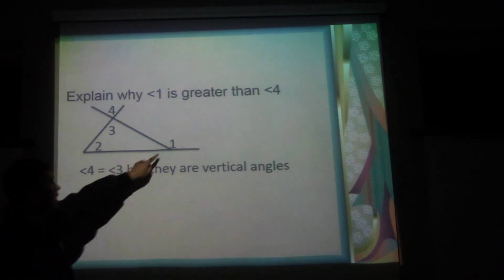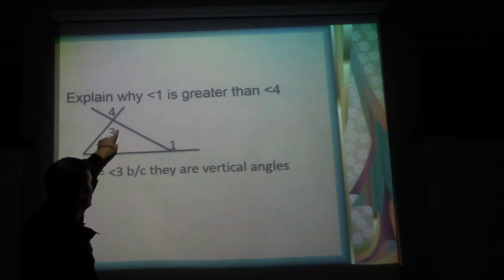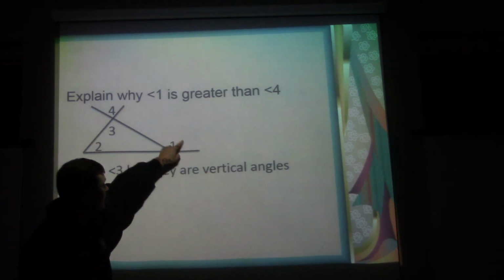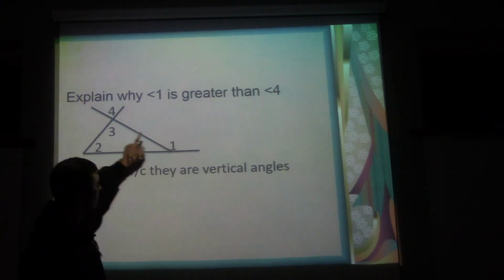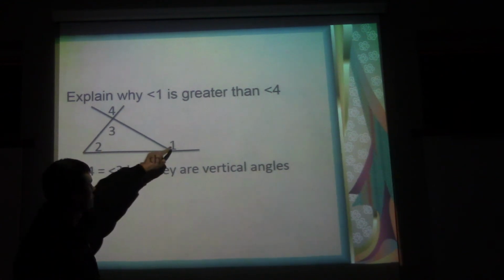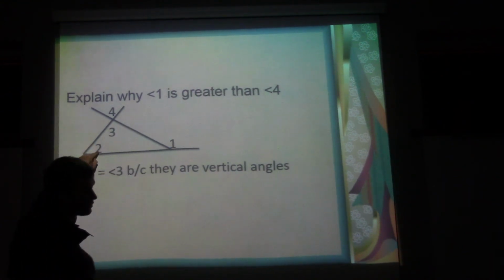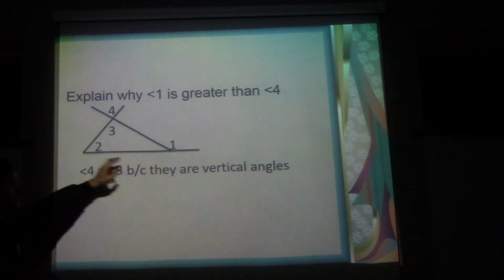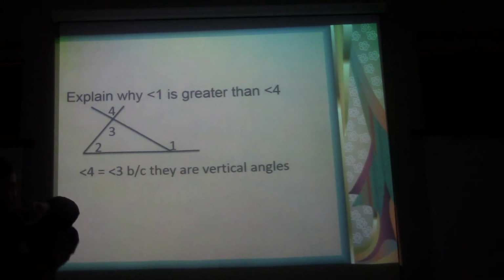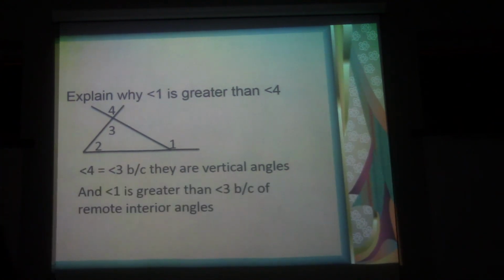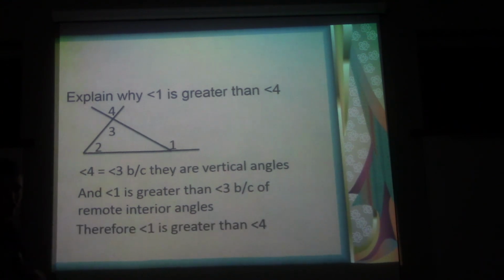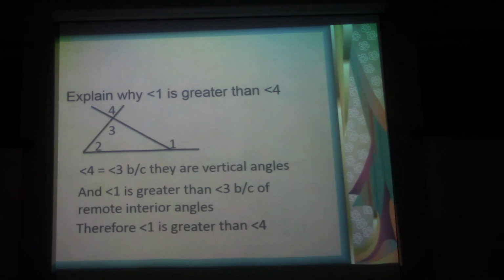Next, we know that angle 1 is greater than angle 3 because any exterior angle is greater than its remote interior angle. So 1 is greater than 3 or 2. So we'd say, since we know angle 1 is greater than angle 3 because an exterior angle is greater than its remote interior angle, therefore, since they're equal, we know that angle 1 is greater than angle 4.